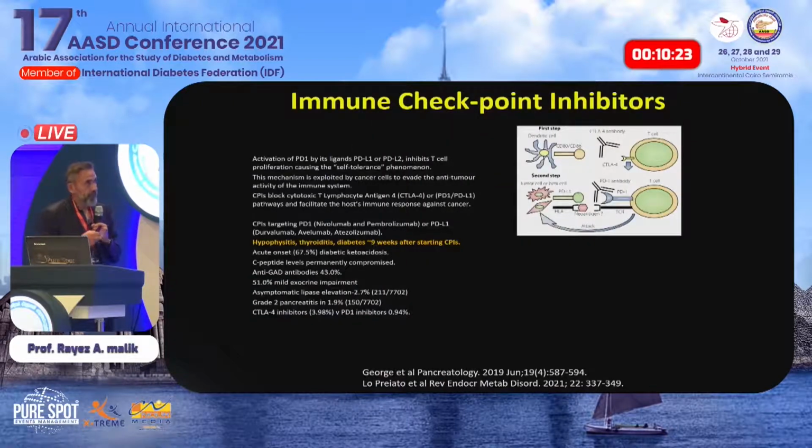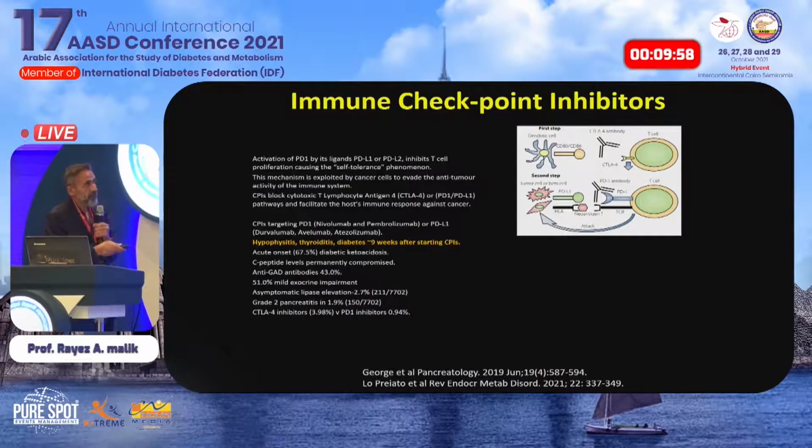The other new form of diabetes that we need to now recognize, and we are recognizing actually in the UK and in the cancer unit in Hamad, is this diabetes which is related to a new set of drugs which are very, very good drugs for cancer, but they have a side effect, which is they cause diabetes.